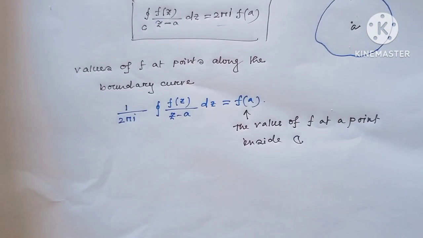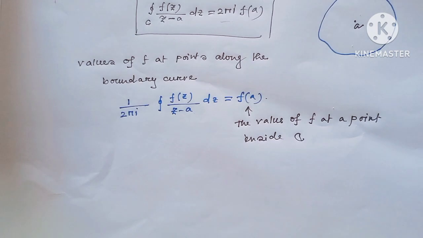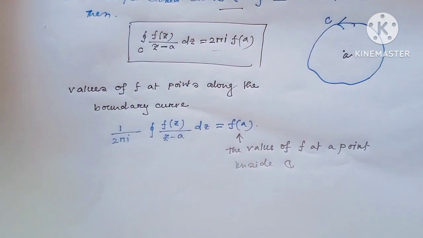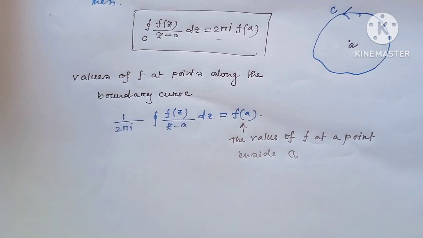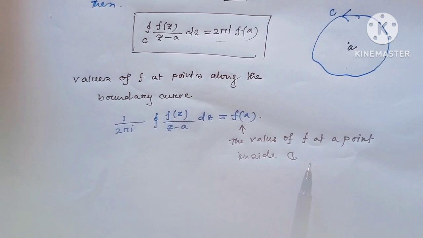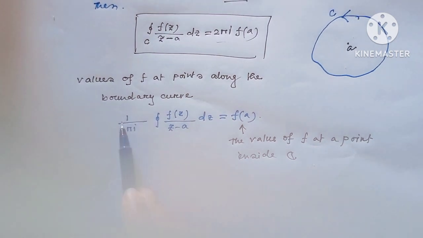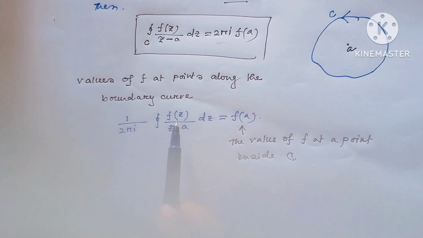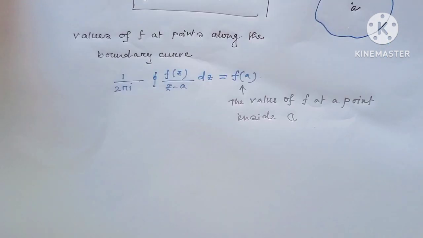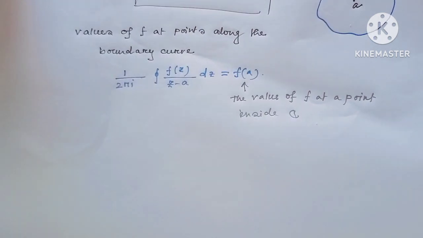That means by Cauchy's integral formula, the values of the function at all points along the boundary curve determine f(a), the value of f at a point inside the contour C. I hope all my viewers have understood this, okay.